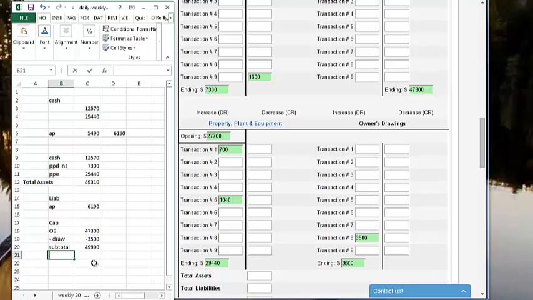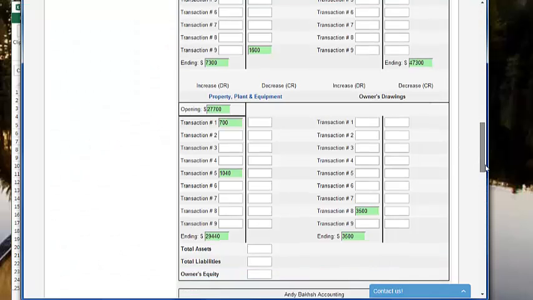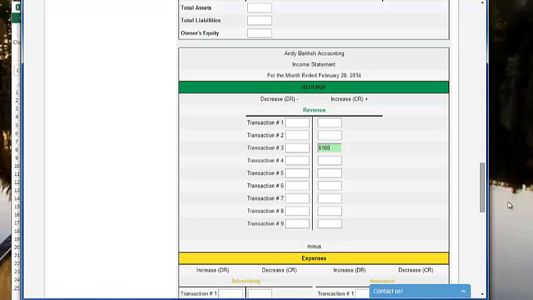I have to add revenue, and I have to minus my expenses. And I have revenue down here of 5,100.